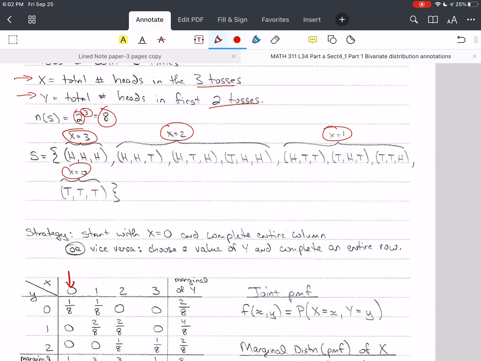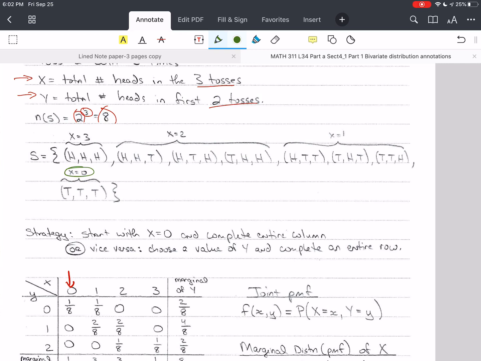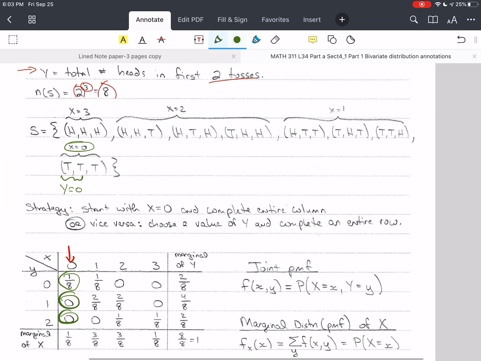So here we have x equals 0. And so I look at the first 2, and none of those are heads, so y is equal to 0. And I only have one of these, and so I have x equals 0, y equals 0, that is here. And I don't have any more for x equals 1, so those are zeros. It can't happen in this case.